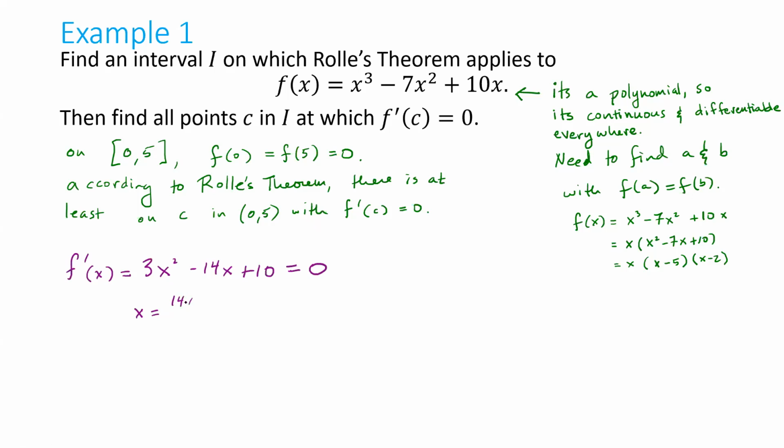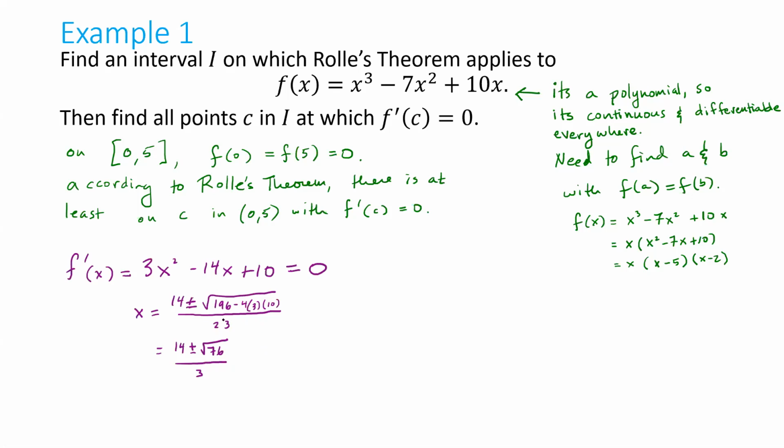So 14 plus or minus the square root of 14 squared, which is 196, minus 4 times 3 times 10, all over 2 times 3, which is 6 on the bottom.